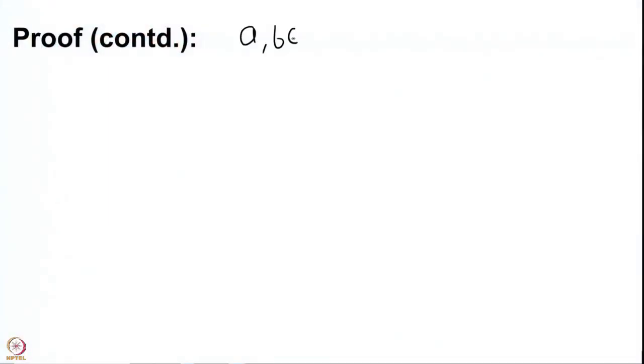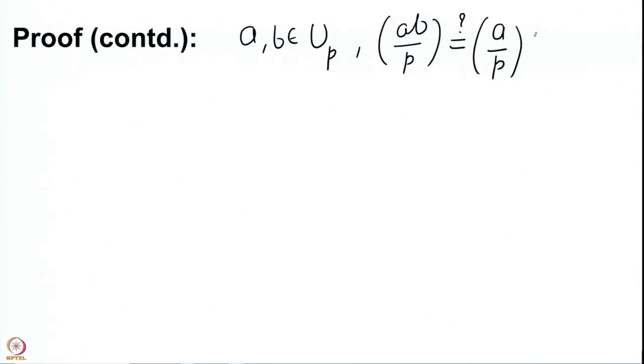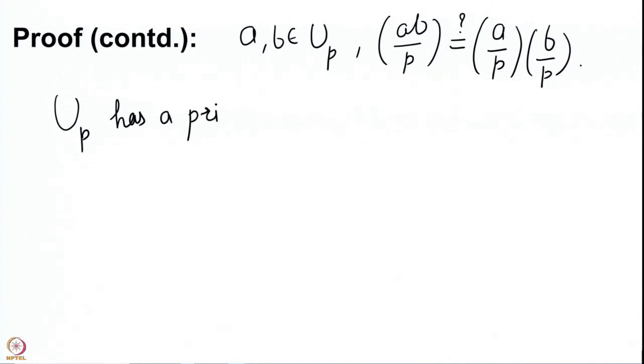A, B are in U_p and we want to check whether (AB/p) is the same as (A/p)(B/p). Now, we observe that U_p has a primitive root.